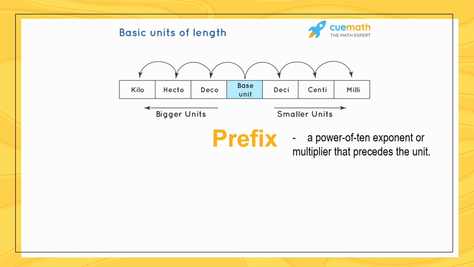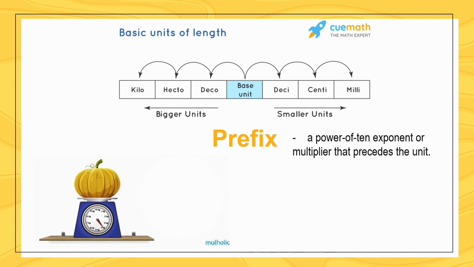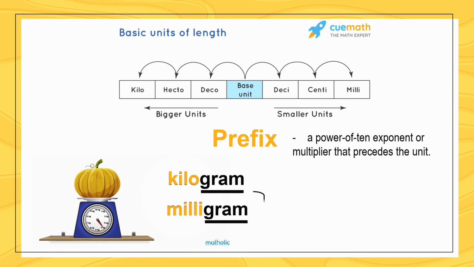A prefix is a power of 10 exponent or multiplier that precedes the unit. To illustrate what is meant by a prefix, let us take the standard unit for mass in the metric system, the kilogram. In the terms kilogram and milligram, kilo and milli are the prefixes while gram is the unit.